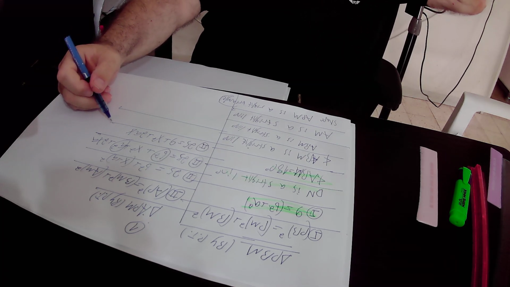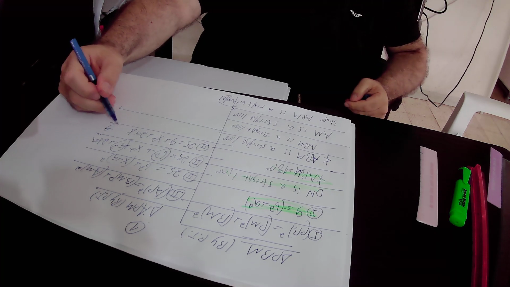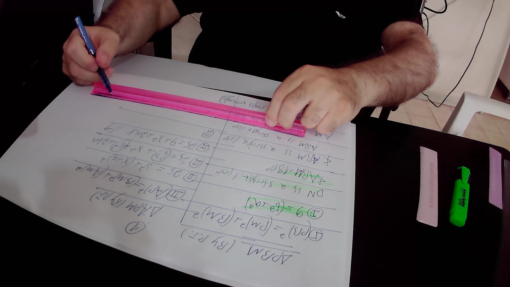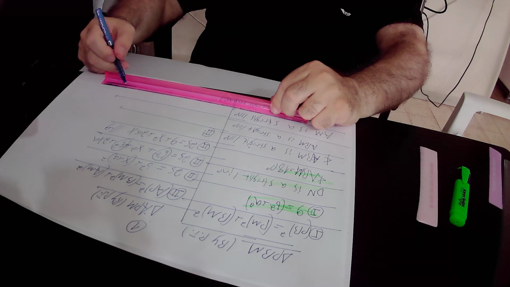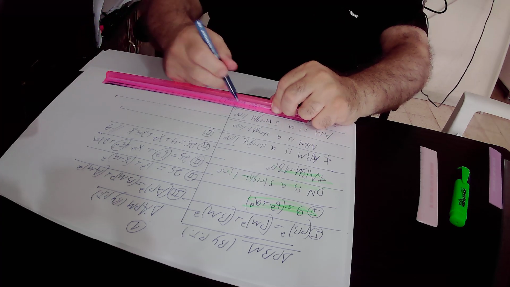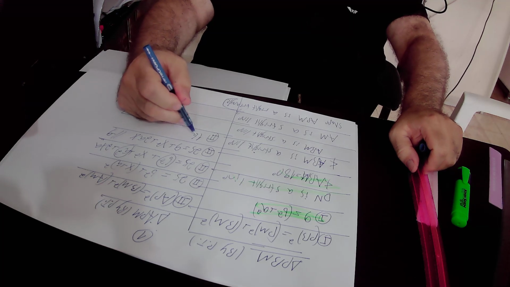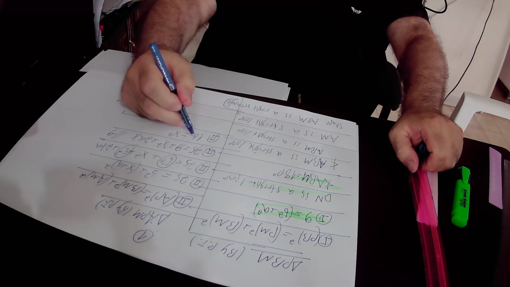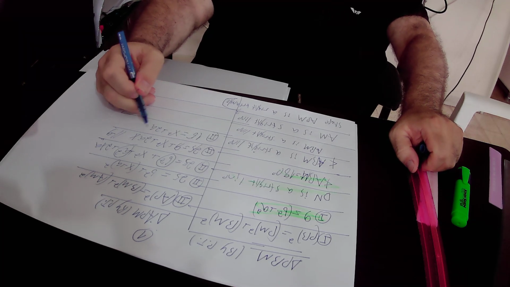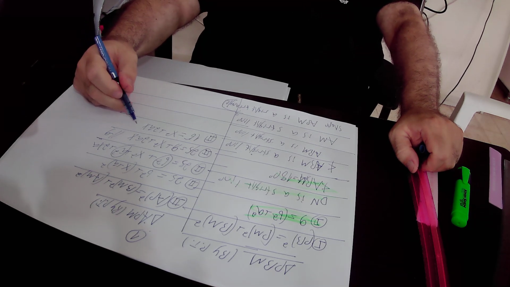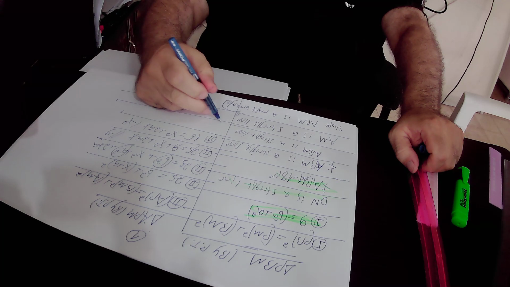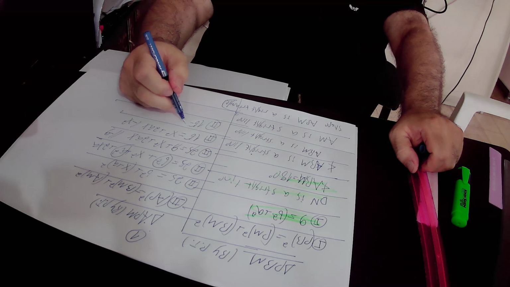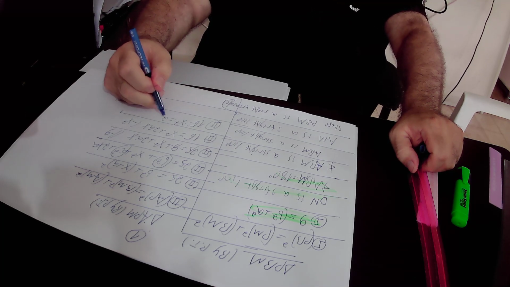Here we subtract 9 from this equation number 2, and we get that 25 minus 9 is 16, and it is equal to x square plus 2ax. Here we subtract x square from this equation number 2, and we get that 16 minus x square equals 2ax.